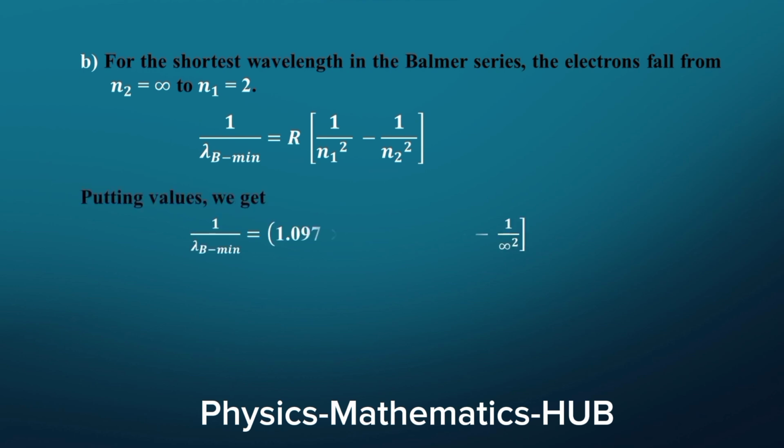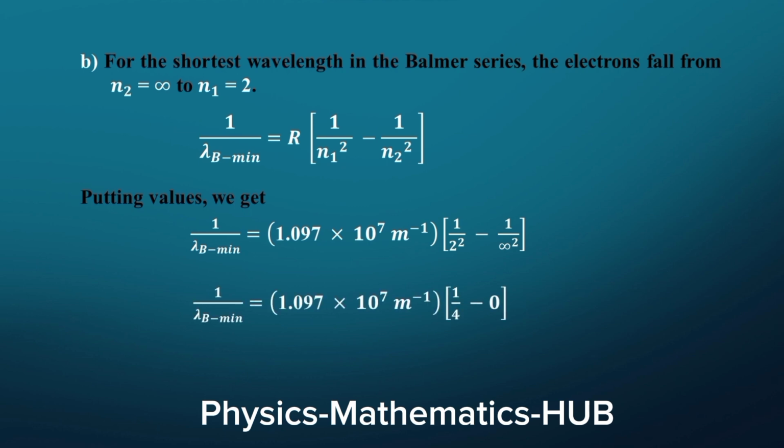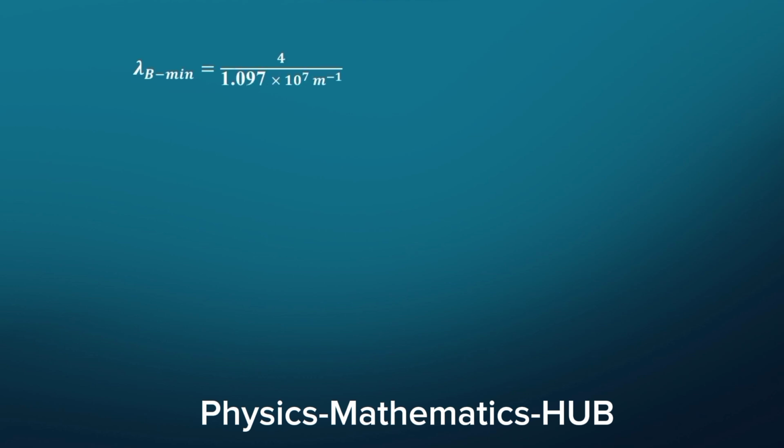Putting the values, we put n2 equal to infinity, and 1 over infinity square is equal to 0. Simplifying, we get lambda B minimum is equal to 4 divided by 1.097 multiplied by 10 to the power 7 per meter.